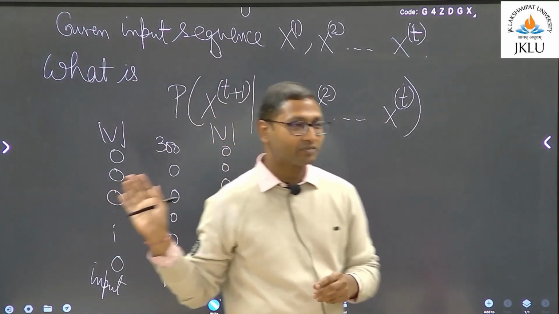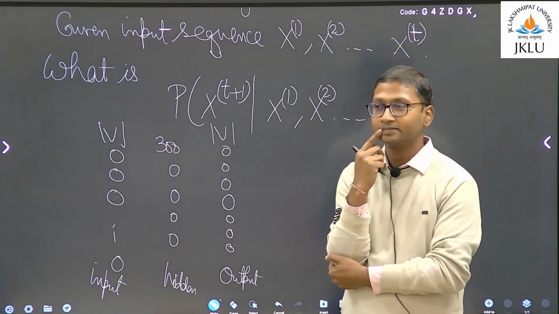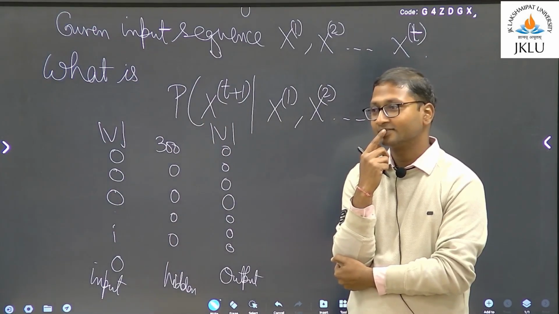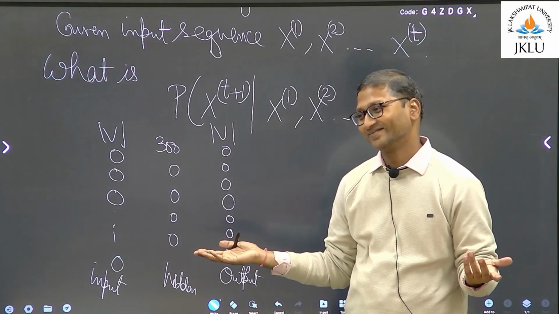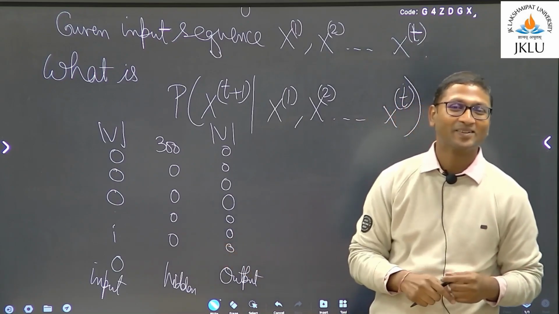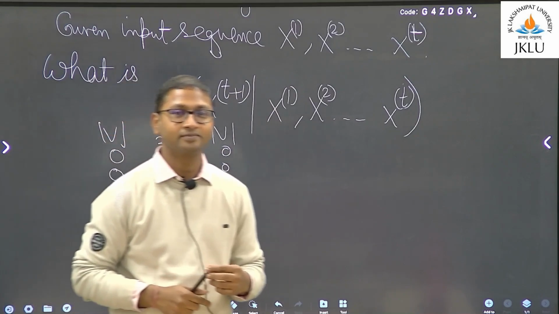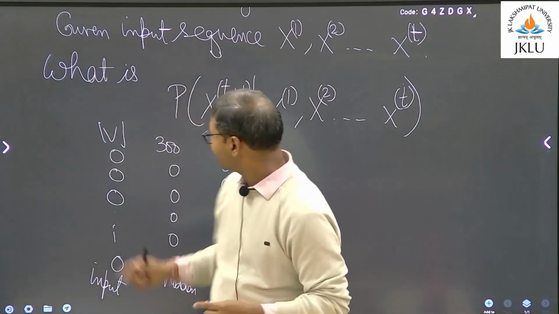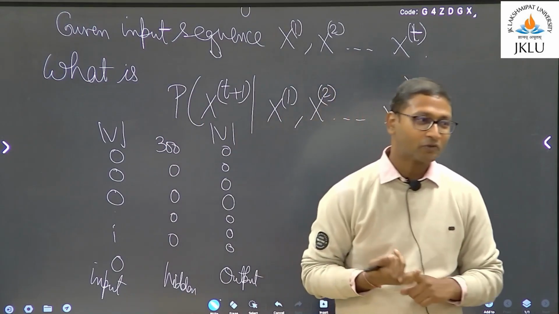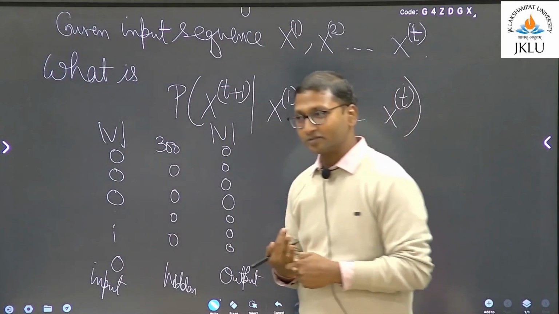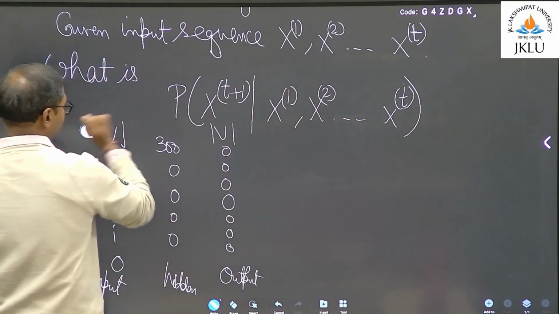Then tell me, how does it work? What do I do with this mod V? This is the architecture of word2vec, GloVe, fastText, right? We are done with this.